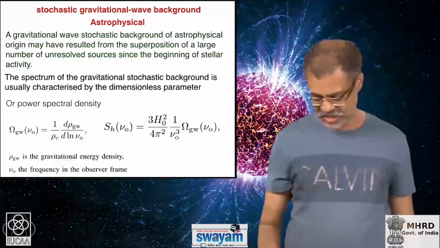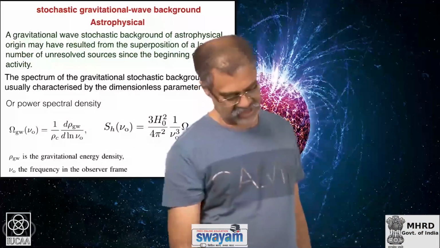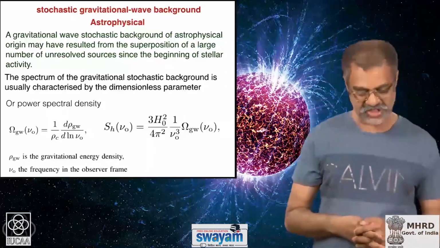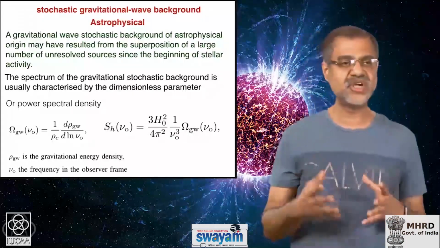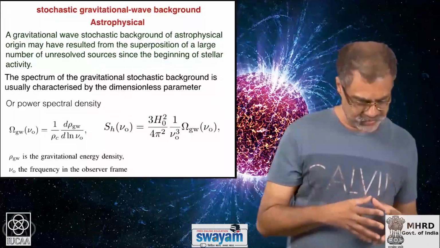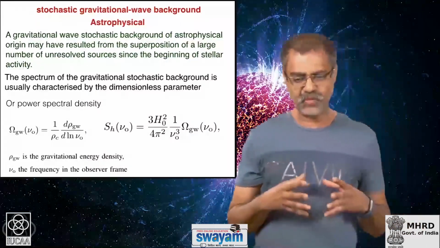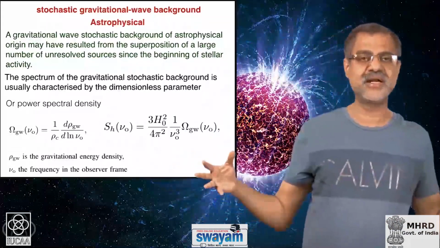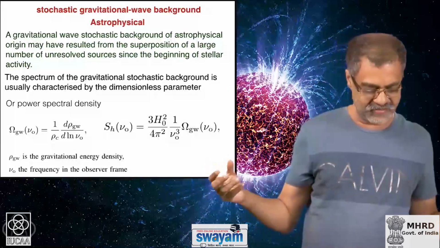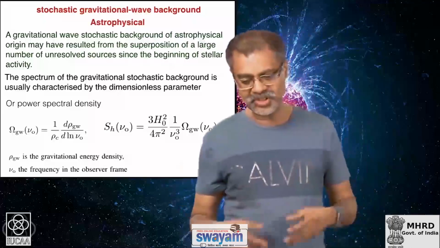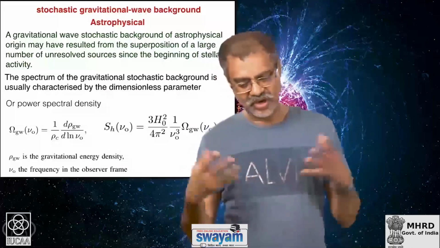Another interesting source of gravitational waves is the stochastic gravitational wave background. The stochastic gravitational wave background can be of two natures. One, there could be a large number of stellar gravitational wave sources like binary neutron stars, binary black holes and so on.